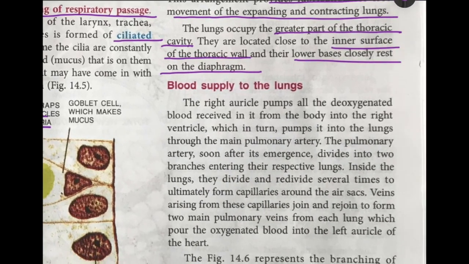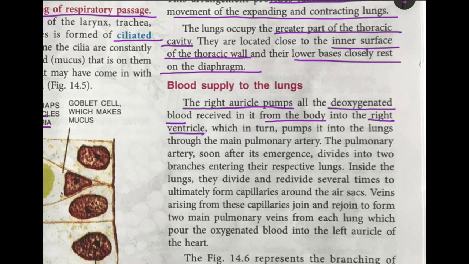Now moving on to the blood supply to the lungs. The right auricle of the heart pumps the deoxygenated blood received from the different parts of the body into the right ventricle. You will understand this better when you learn the circulatory system in part 2 of this book. But remember, the heart is made up of 4 chambers, 2 auricles above and 2 ventricles below.